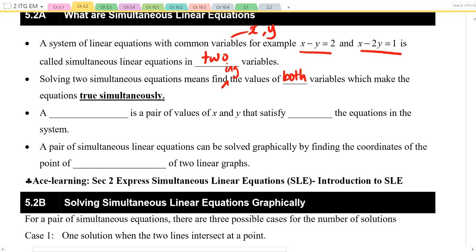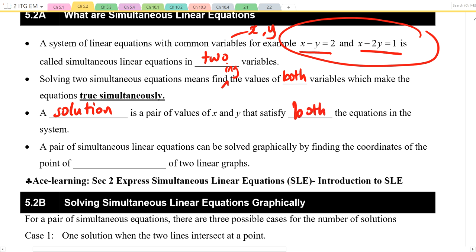So in this example, there is a certain value of x with a corresponding value of y that when substituted into both equations at the same time will make both of them true. So simultaneously simply means at the same time. So a solution will refer to the x and y values that satisfy both the equations in the system at the same time.